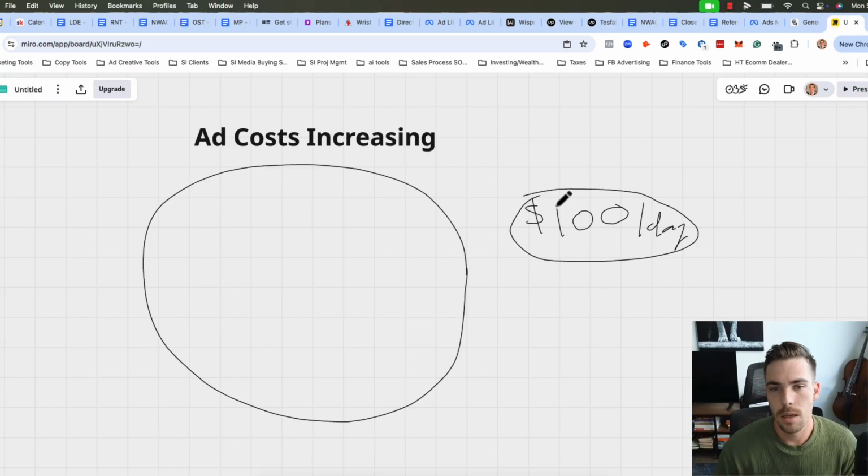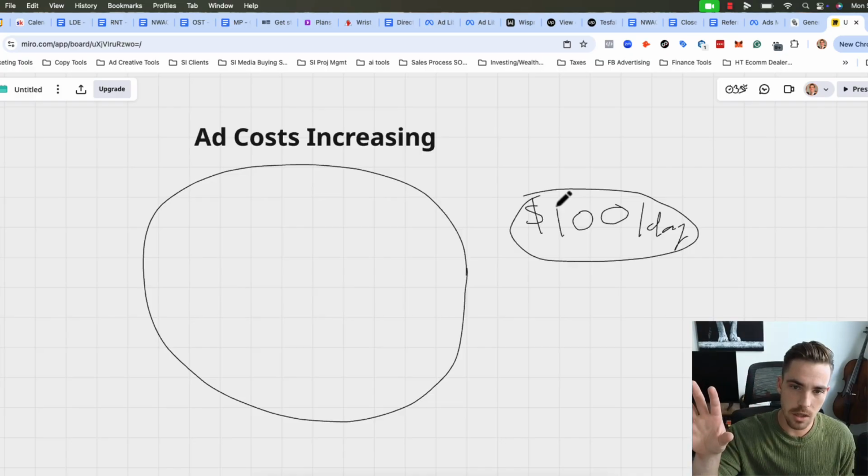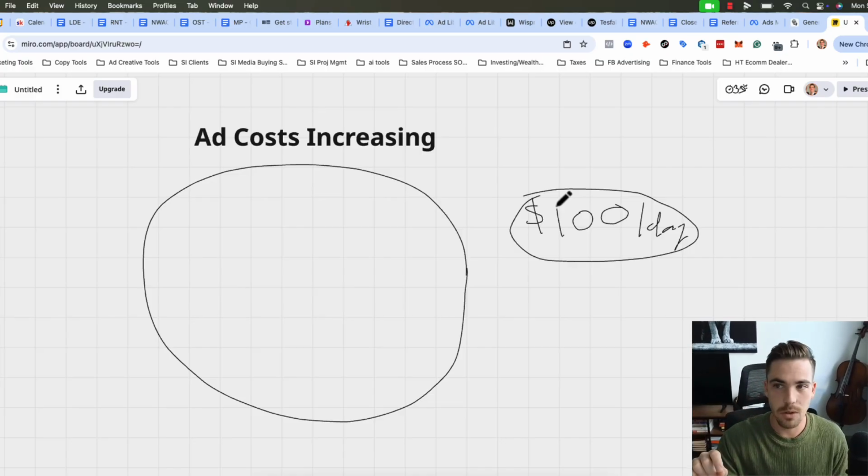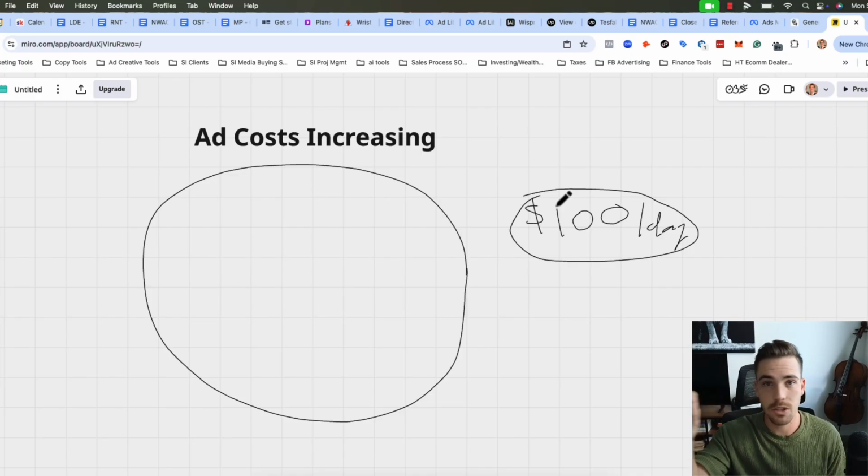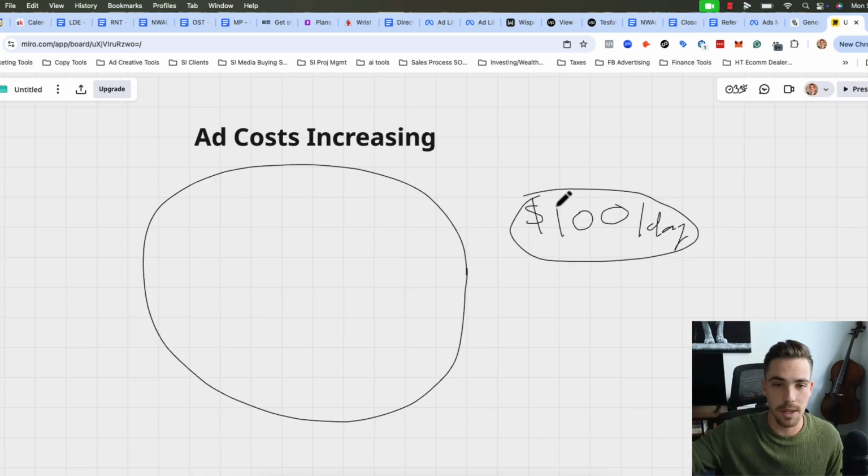Meaning, based on the words you're saying in your ad and the headline you use and the text you're using as the caption of your ads, Facebook is really good at pinpointing, based on millions of data points that they have on everyone, who is likely to respond to your ad and take the action that you're asking it to take, like booking a call, applying, opting in, purchasing, etc.